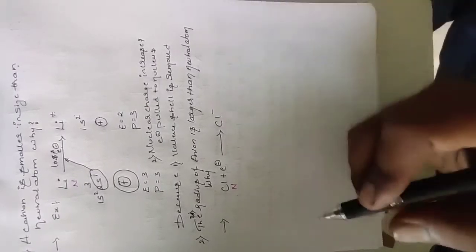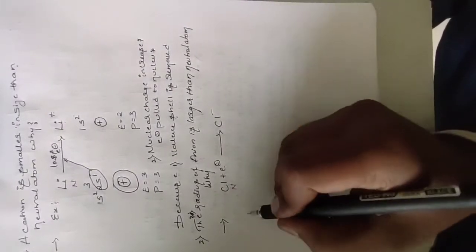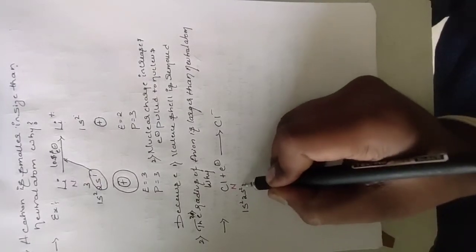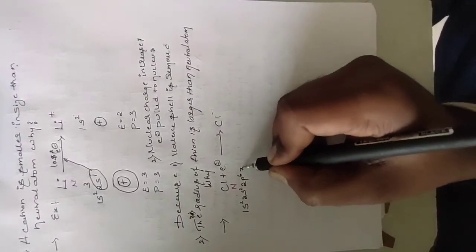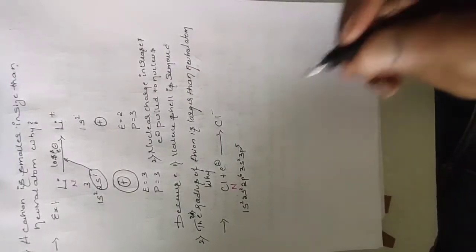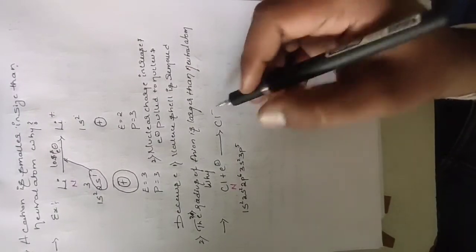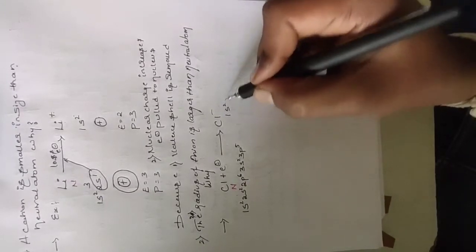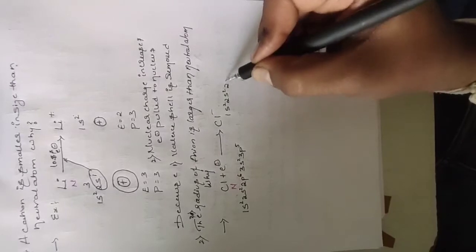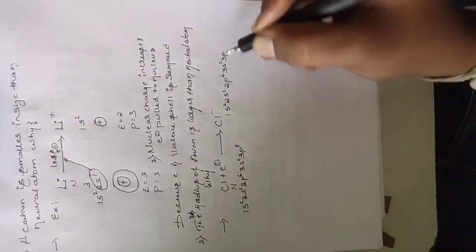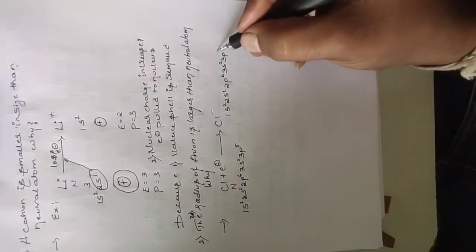Okay, we will write the electronic configuration for chlorine: 1s2, 2s2, 2p6, 3s2, 3p5. If you write it for chlorine minus anion, 1s2, 2s2, 2p6, 3s2, 3p, adding an electron, it becomes 6.